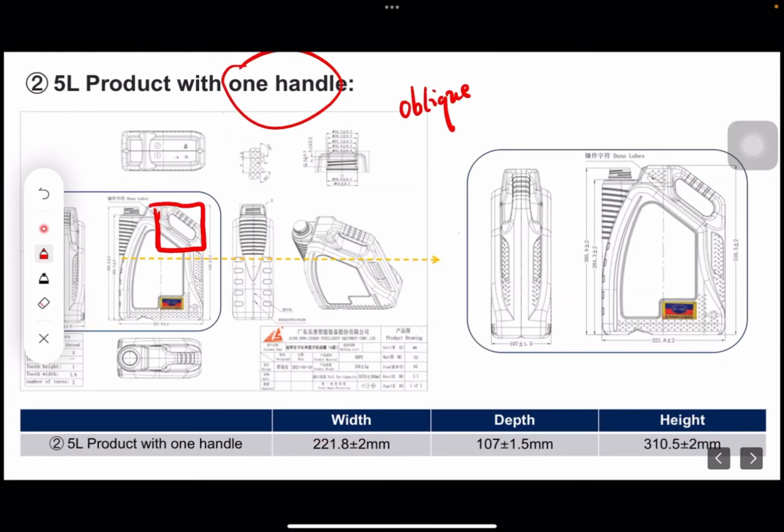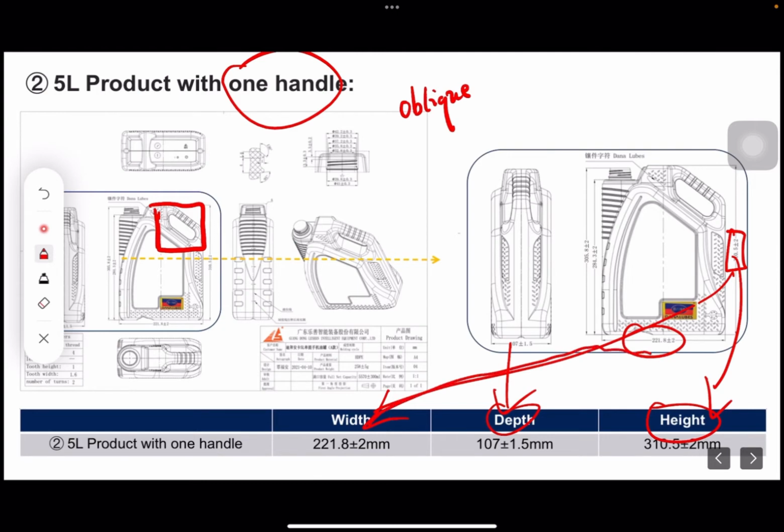So this is the difference between product 1 and product 2. And also, we select the maximum data here, depth here, height and width. Oh, sorry, height is here, width is here. Sorry, my mistake. Same product, same way to measure the dimension.